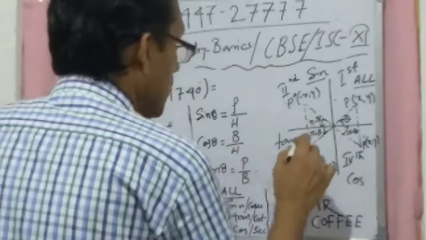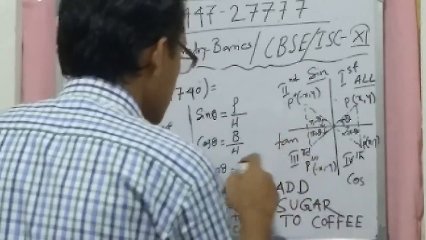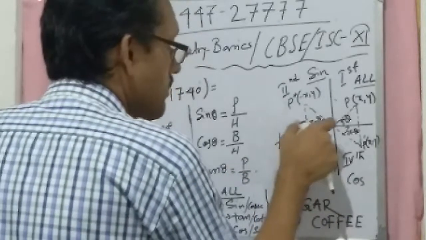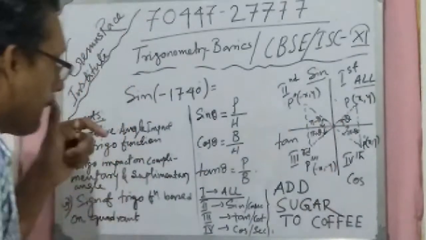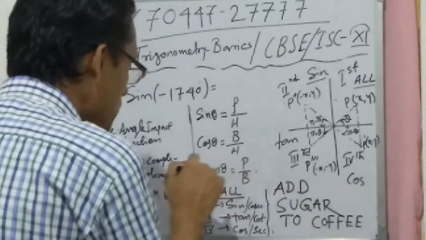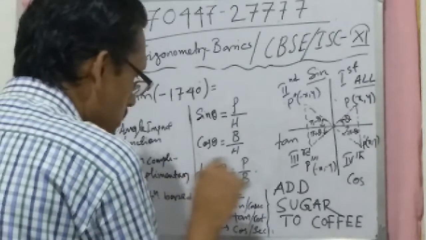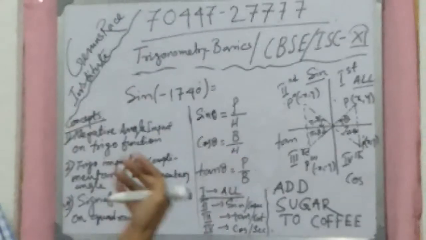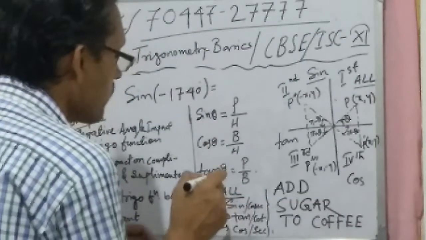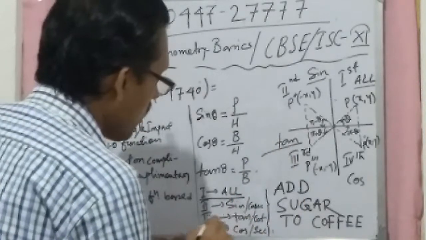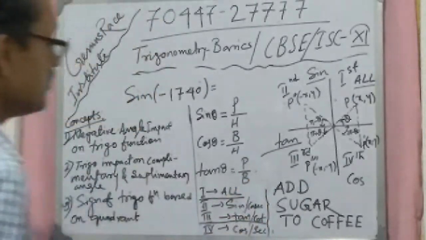Therefore tan, that is perpendicular by base: perpendicular negative, base negative, so a negative expression divided by a negative gives a positive expression, so tan theta is positive. Tan and cot are reciprocals, so both are positive. Therefore in the third quadrant, tan and cot both are positive.